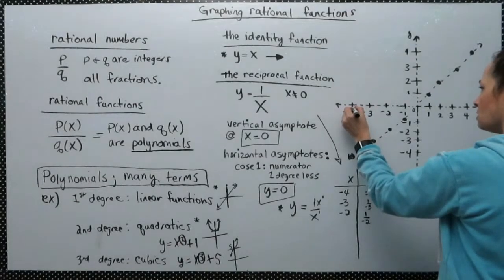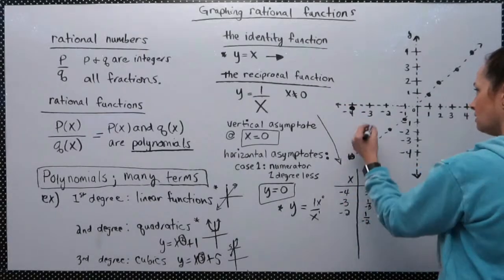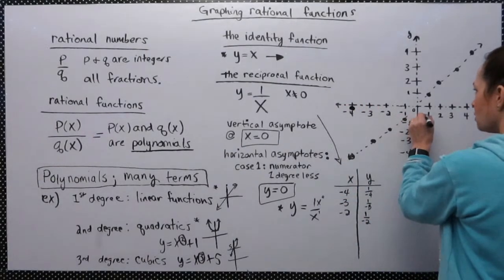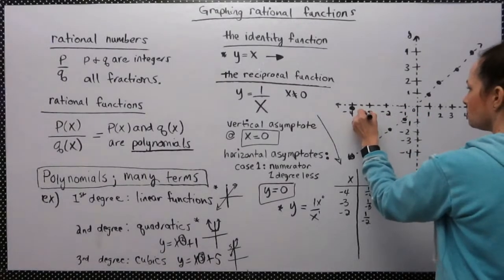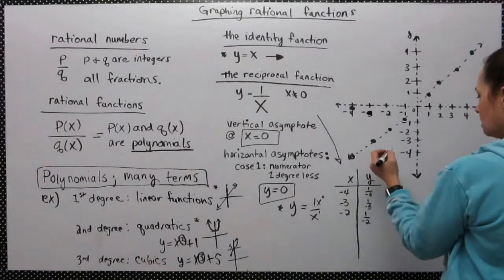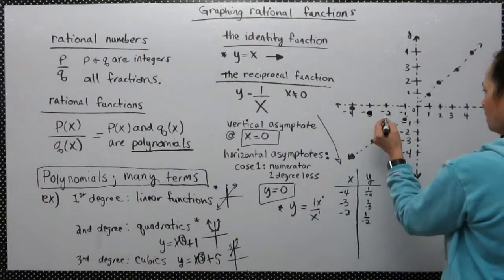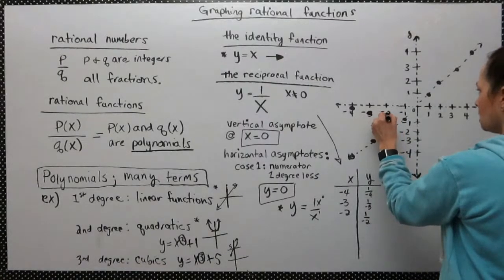So let's see if I can draw this in here. We have a dot here. -3 would be at 1/3. So if that's a half, 1/3 is slightly more. We got that one covering -3. For -2, it's at 1/2. So it looks like it's right there.